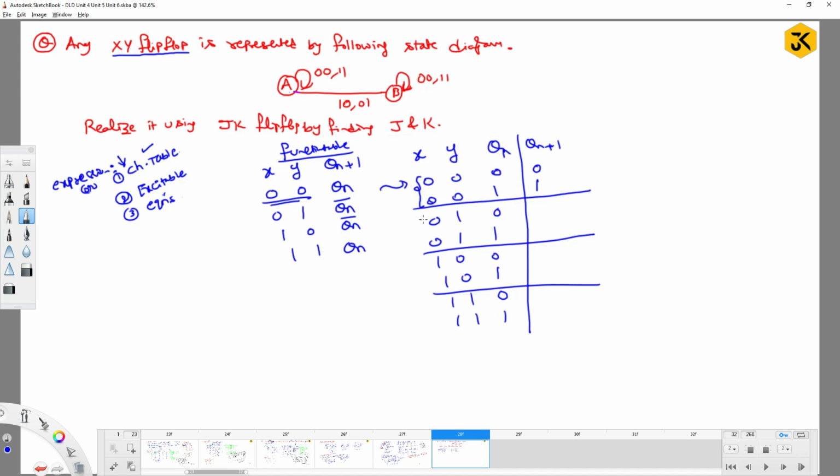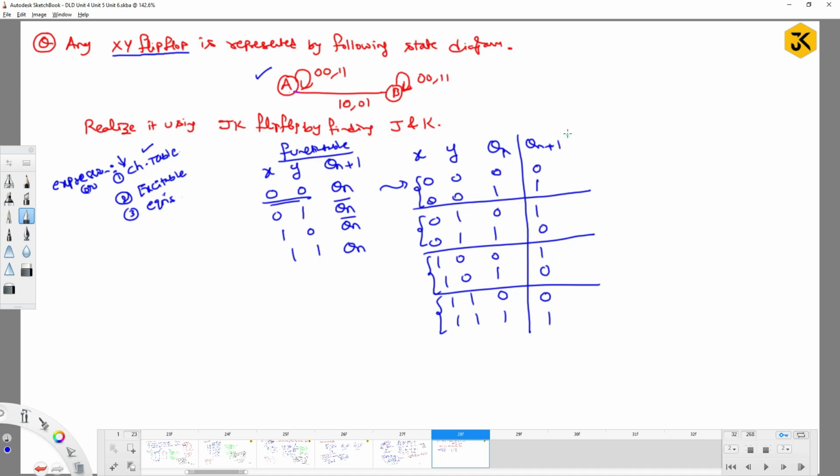If I have 0 1, it is the complemented state. If I have 1 0, again the complemented state. If I have 1 1, it is latch mode. So this is the characteristic table for the given state diagram.